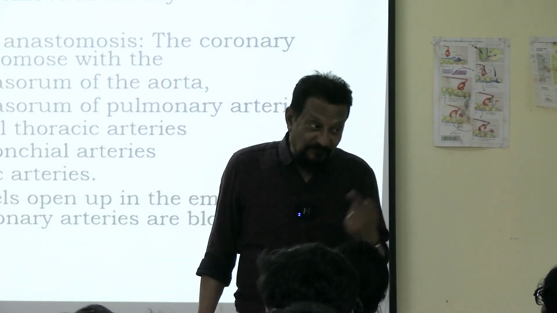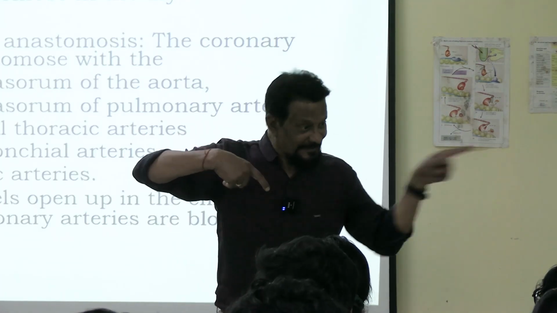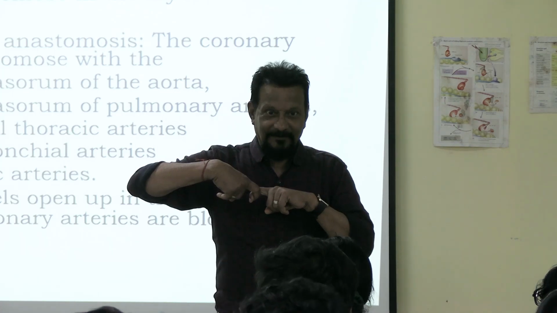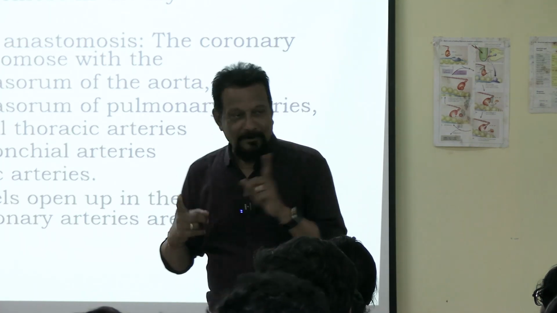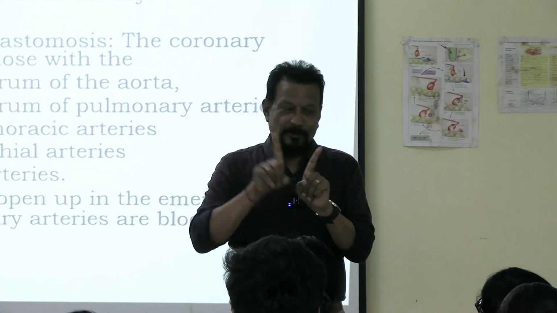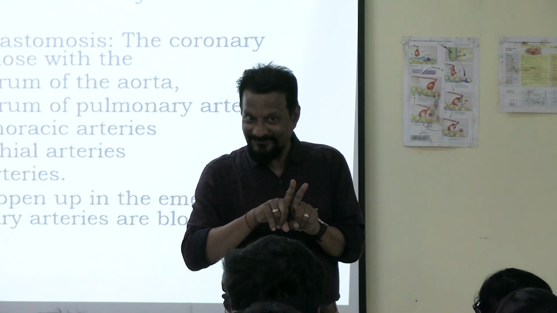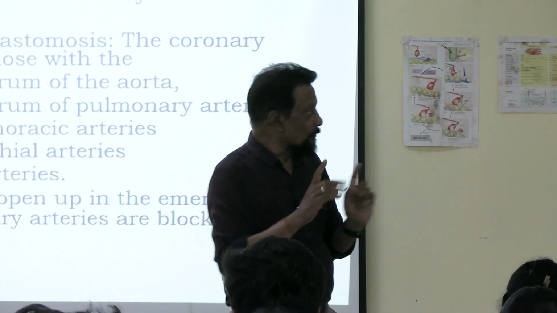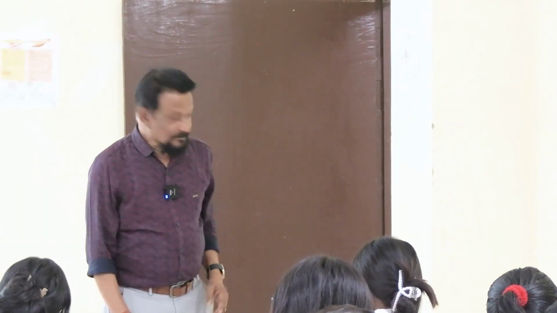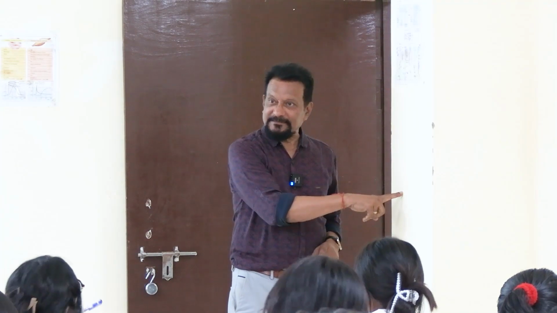Now, if any branch from another artery joins with this artery, normally one artery never joins with another artery. If they join, they are called collaterals. Suppose this is the septum of the heart, the interventricular septum. One branch is supplying this area, and one branch is supplying this area.